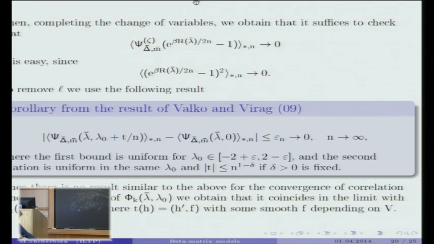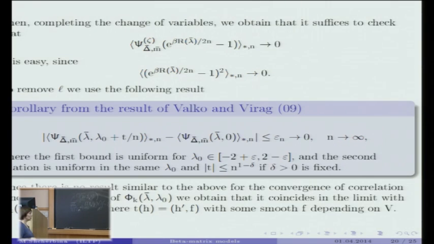Okay, and to remove this potential, I use the corollary from the result of Volkov-Virag, because here it is just for Gaussian potential. I need something exactly for Gaussian potential. And it follows from the result that if you consider this probability, gap probability, and you shift it by something which is small compared with 1, t should be smaller than n, then in the limit you obtain something which tends to 0 when n tends to infinity.